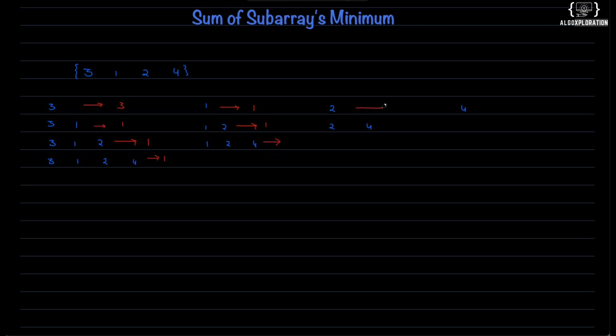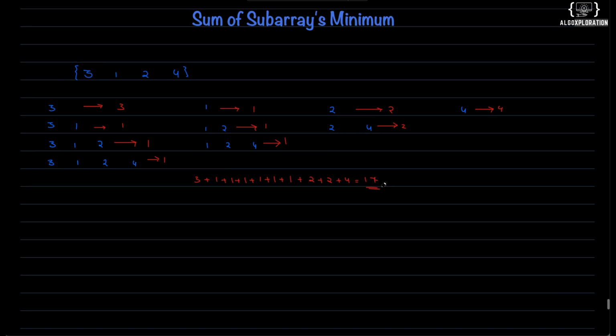For this, it is 2, this is 2, and for this, it is 4. Now if I try to find the sum of every minimum, so 3 plus 1 plus 1 plus 1 plus 1 plus 1, and so on, this will be leading to 17. Okay, I hope you got what the question is all about.